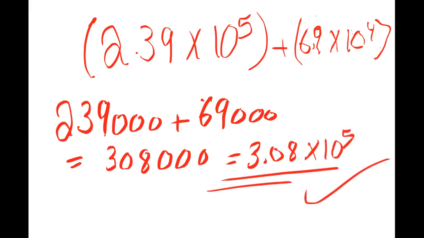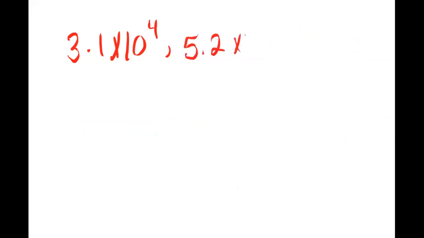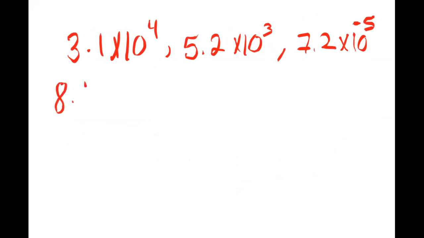The last style of the question. Sometimes he gave you different numbers and ask you to order them from smallest to largest. Like if I have 3.1 times 10 power 4 and 5.2 times 10 power of 3 and 7.2 times 10 power of negative 5, okay, and 8.1 times 10 power of 2.